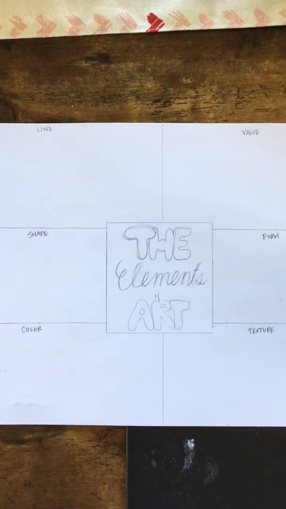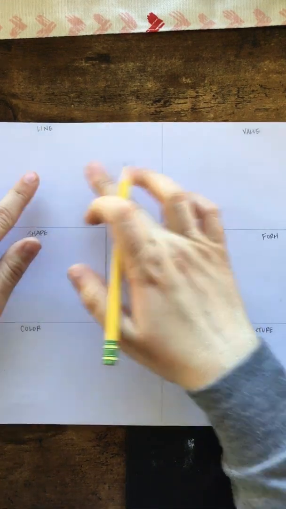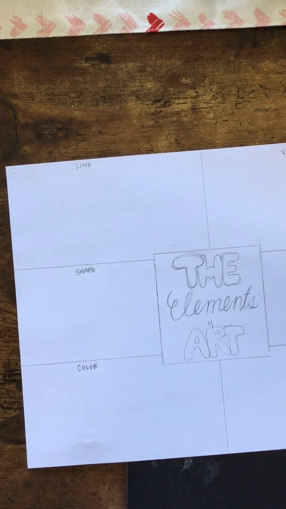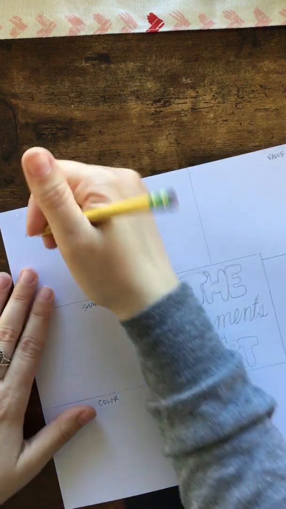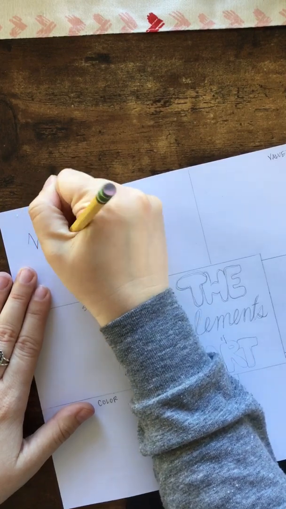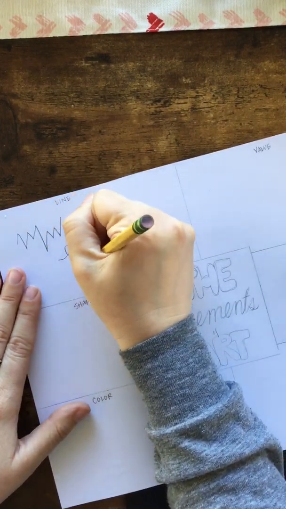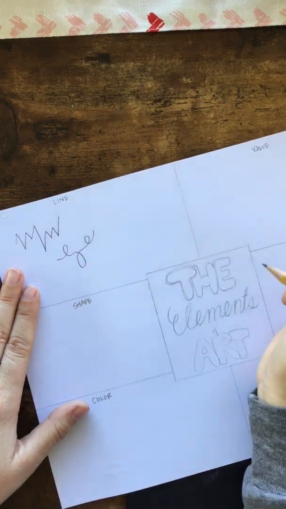Now, what you will be doing is putting an example of these types of elements of art in their own particular section. So the line section is going to be made up of all different kinds of lines, right? So I have what we call jagged lines. I can have kind of swirly or curly lines.